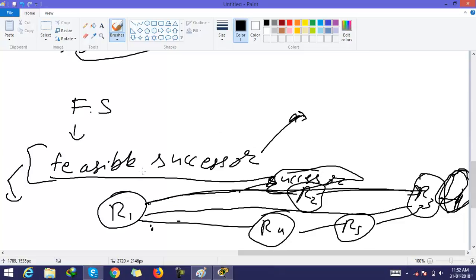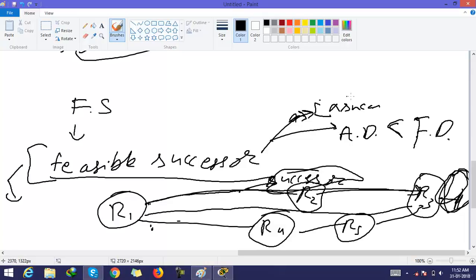For becoming a feasible successor, there is a condition. The condition is that this link is not a successor and follows a condition. The condition is AD, that is advertised distance, is always less than FD.